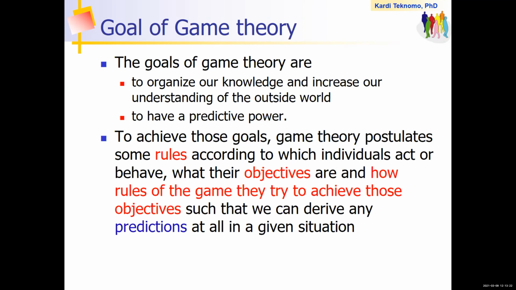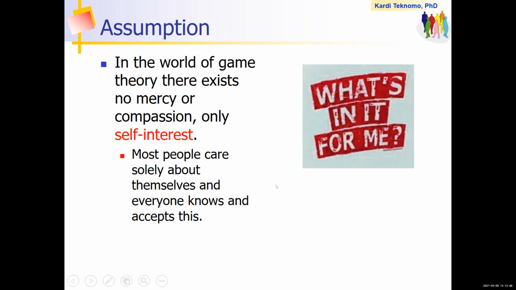To achieve this goal, game theory postulates certain rules by which individuals act or behave, what their objective is, and how, within the rules of the game, they try to achieve that objective, so that we can predict what they can do in a given situation. So the assumption of game theory is there is no mercy, there is no compassion, there is only self-interest.